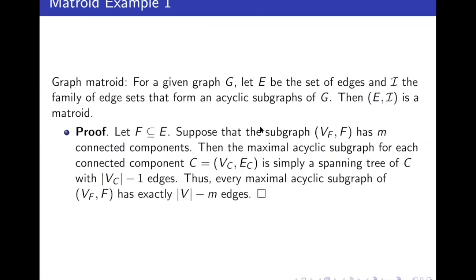The proof is this. For any F, since E is a set of edges, for these set of edges we can define a graph, right? Only the edges in F are in the graph. So this is a new graph, and this new graph could have several connected components. A component means every pair of nodes here will have a path that connects them.